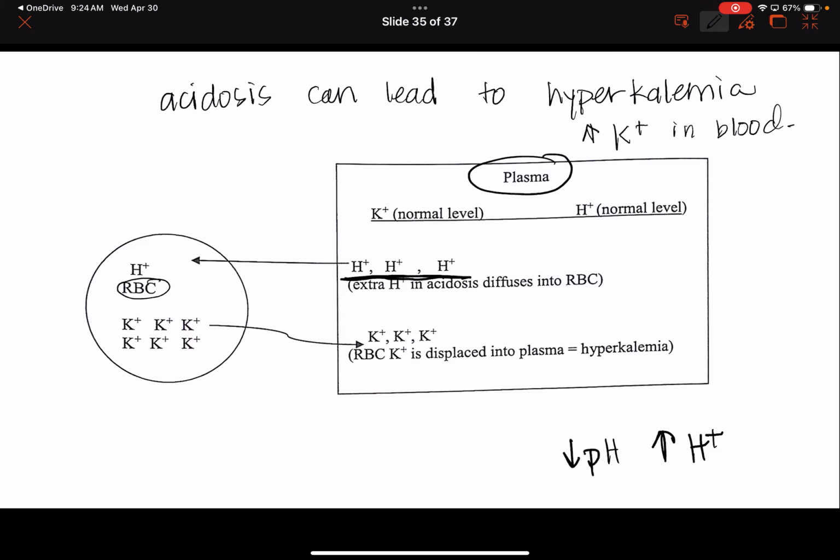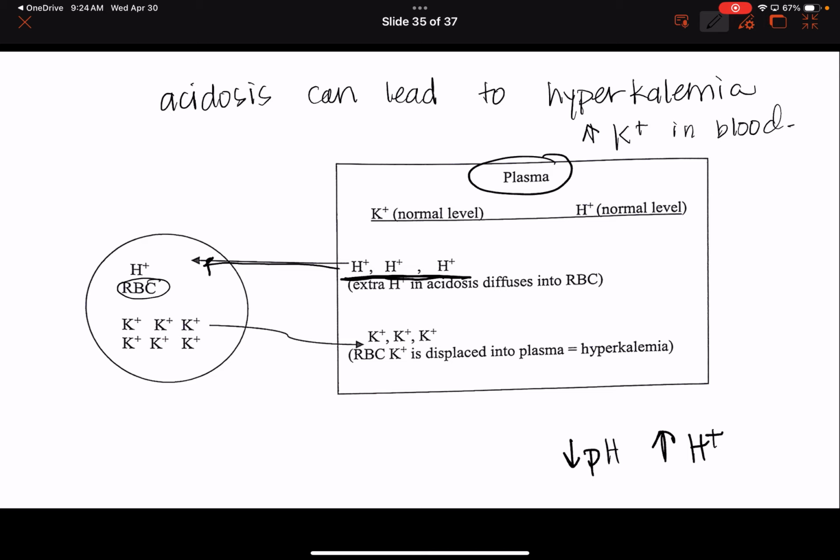Okay, so you'll start to see hydrogen ions go into the red blood cells. And we need to have electrical balance in order to maintain membrane potential. So if we gain a positive, we usually need to release a positive. And so we said that our potassium is the most important intracellular cation. We have 140 milliequivalents of potassium inside our cells.